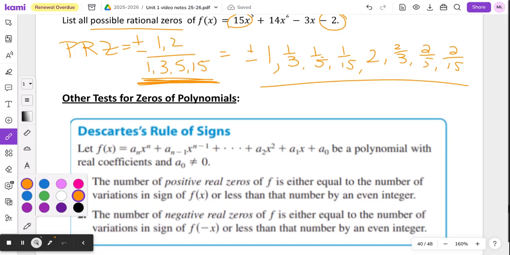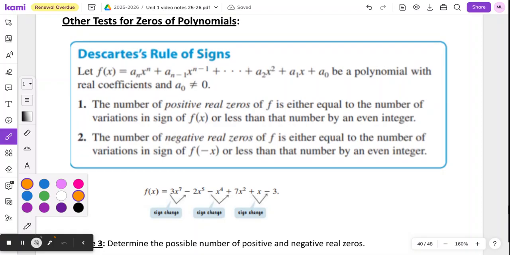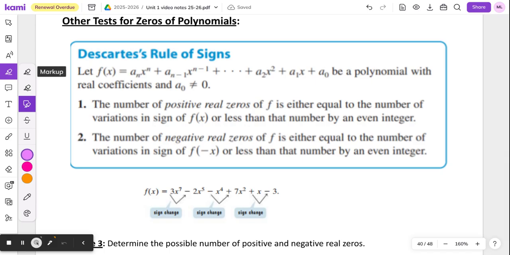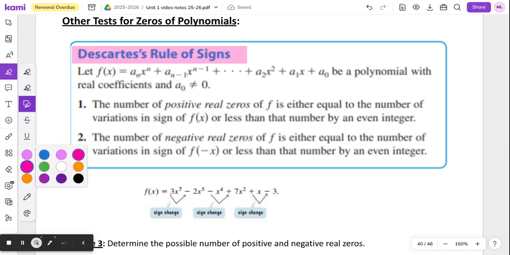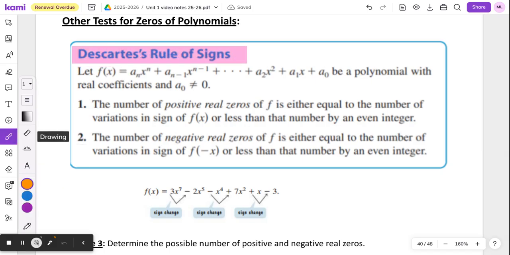So it would take us a little bit of work, and that's why we have these next little theorems that we can use. So other tests for the zeros of polynomials. We have what we call Descartes. He was the one who discovered this and came up with it. So Descartes' rule of signs.